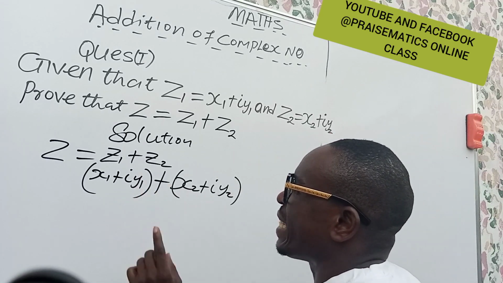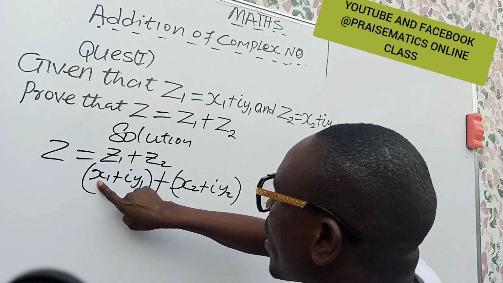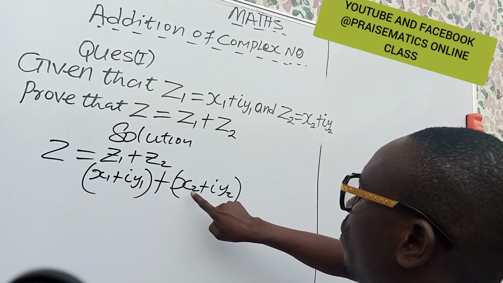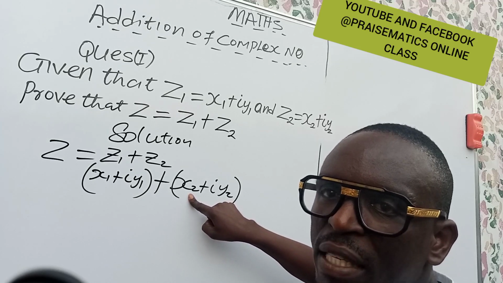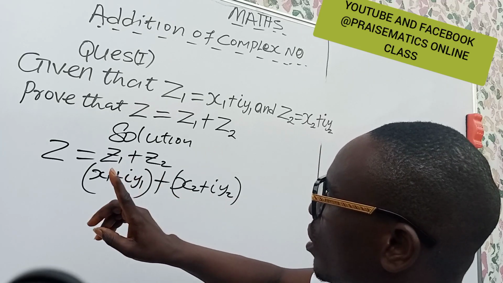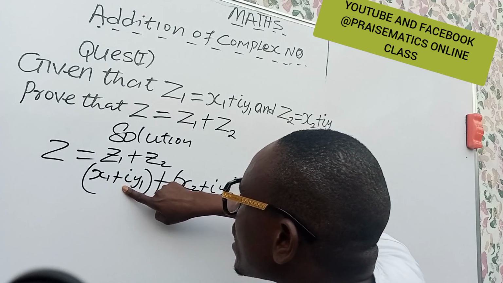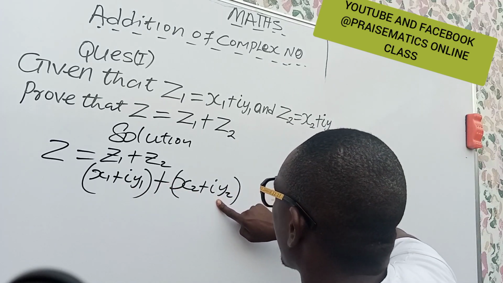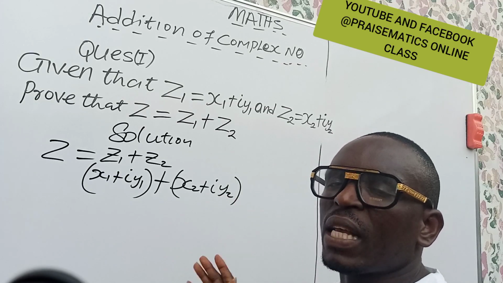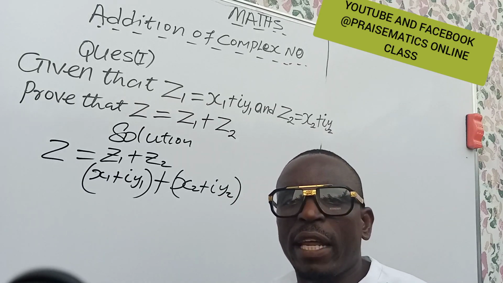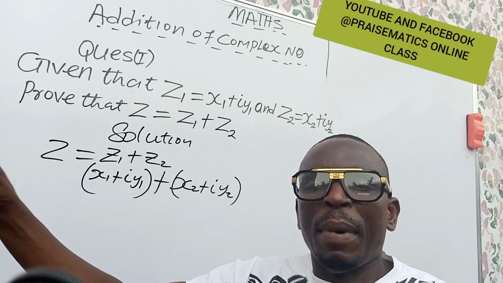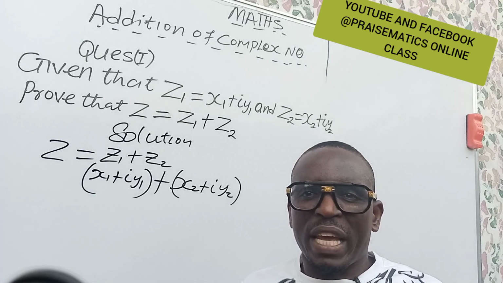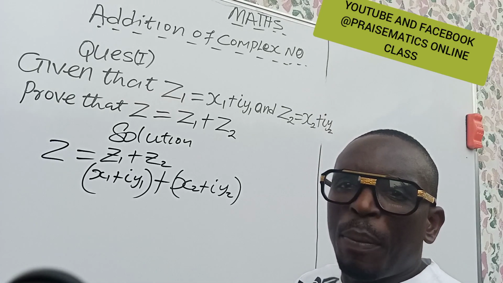If you want to add this, we add the real part of the first one to the real part of the second one. Secondly, you add the imaginary part of the first z to the imaginary part of the second z. So that is how to add complex numbers. You add the real part to real part and the imaginary to imaginary. In other words, collect all the real parts together and imaginary parts together.